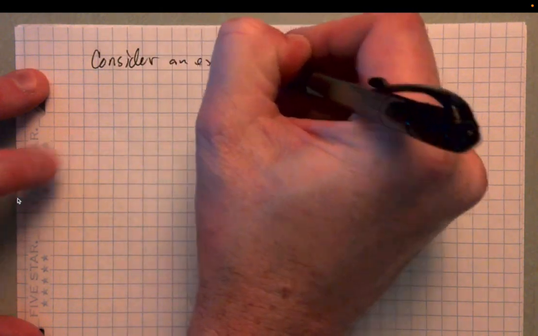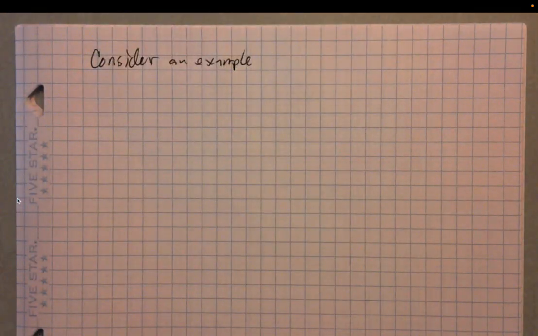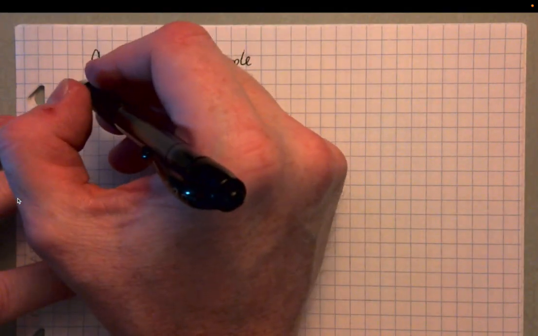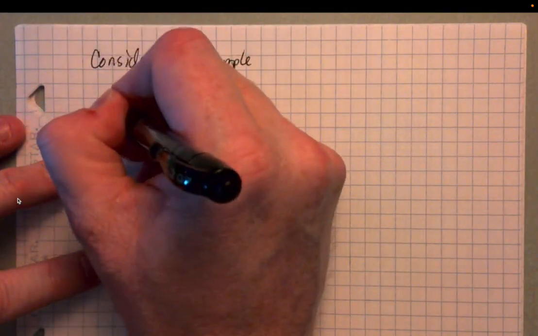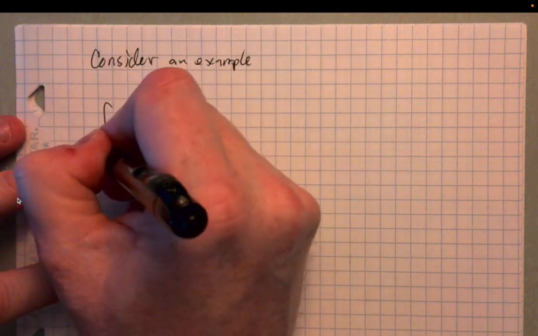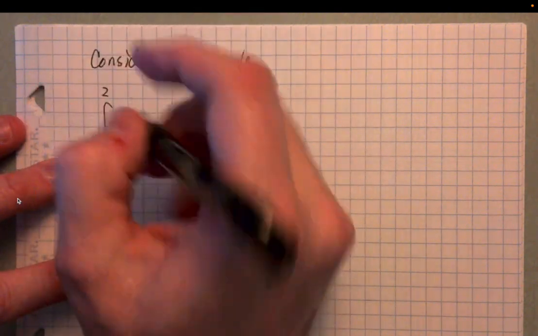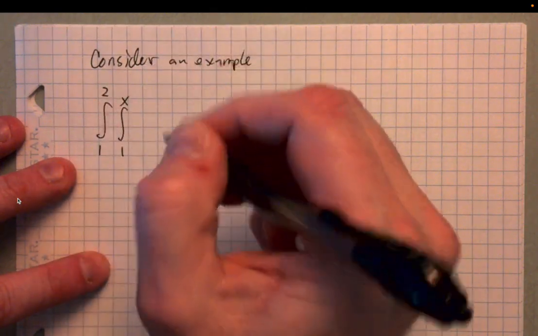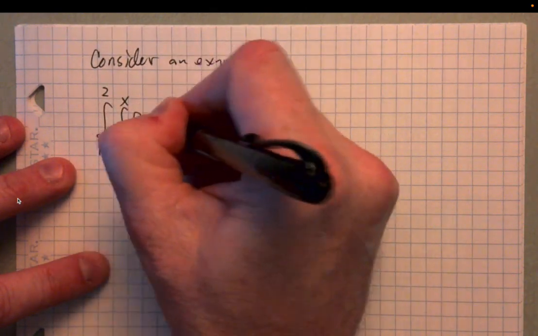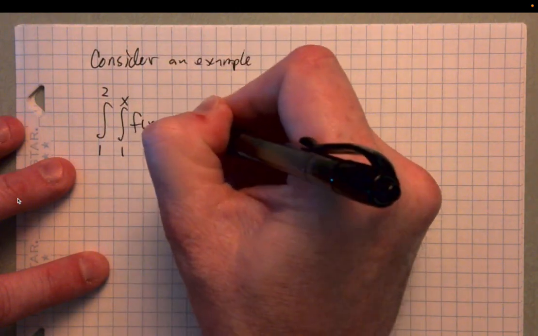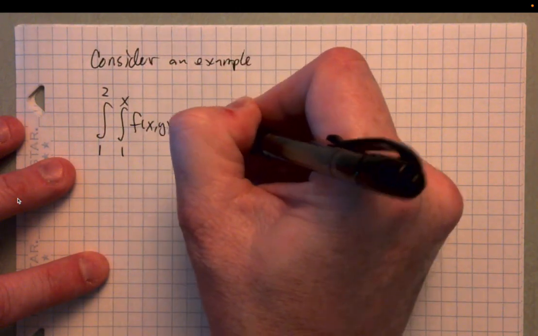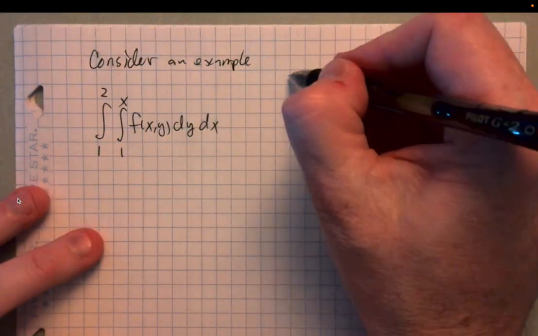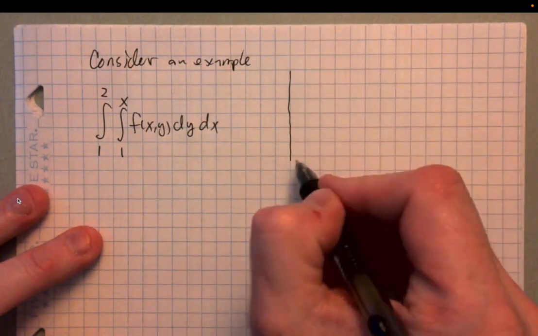Let's say we've got this integral, the integral from 1 up to 2 of the integral from 1 up to x of this guy here. Okay, and so let's draw a picture of what this might look like here.